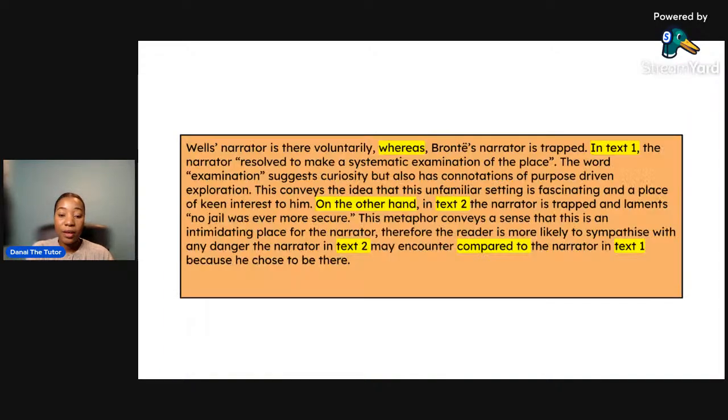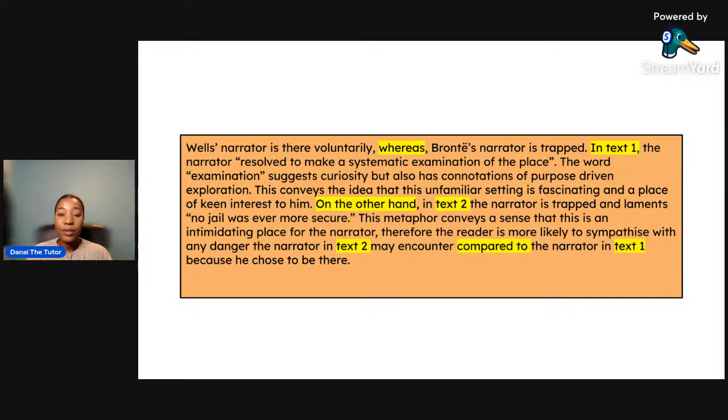If I go back to the example paragraph, okay, notice that I talk about language in both texts, okay? I focus on the word examination for text one, and then I focus on the metaphor in text two, okay? So like I said, this question is using all the skills up to that point. The exam papers are structured to build on each skill, okay?